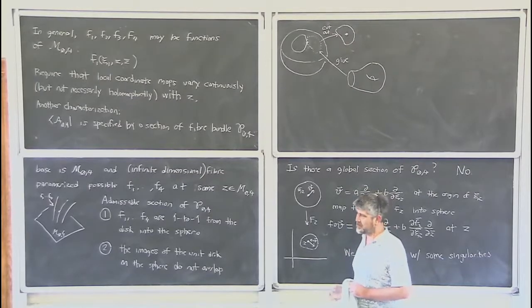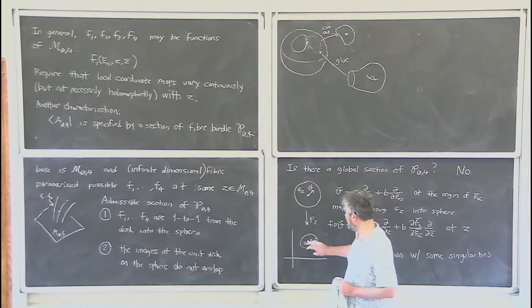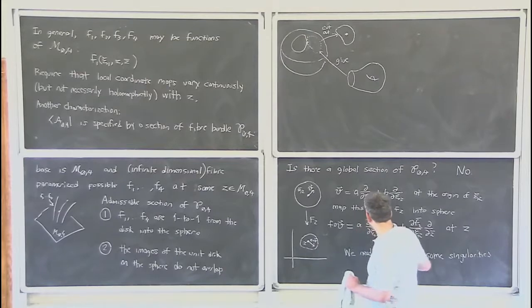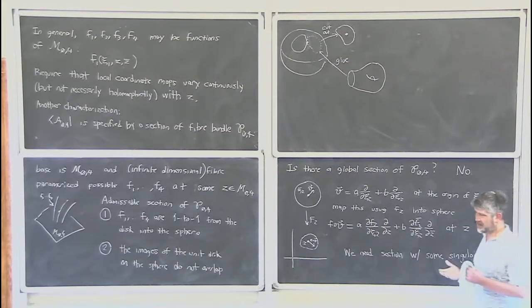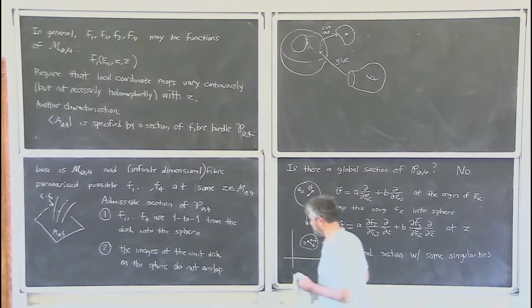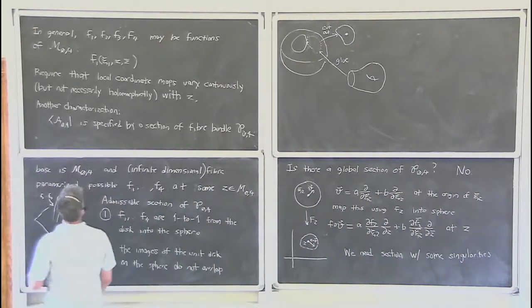But I'm not sure whether one should regard the length of this vector as really going to 0. It's kind of the boundary of moduli space.